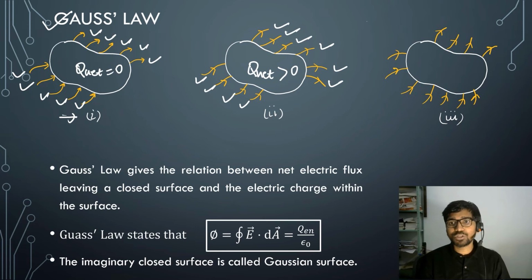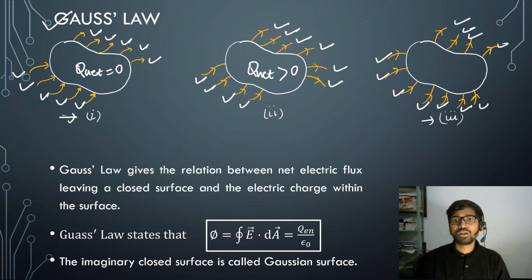And what about the third case? We can say that the number of electric field lines entering the surface is greater than the number of electric field lines leaving the surface. Therefore, the region must contain negative charge into which those extra field lines are vanishing. Fine.